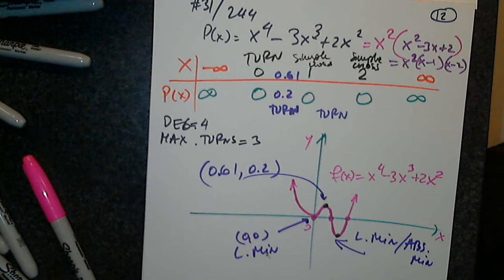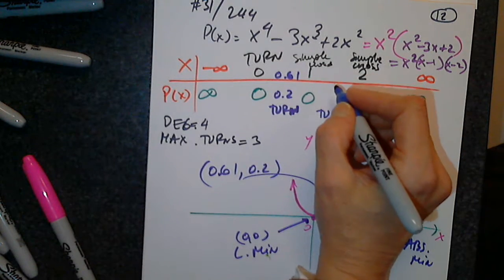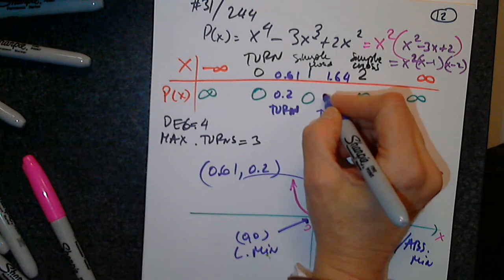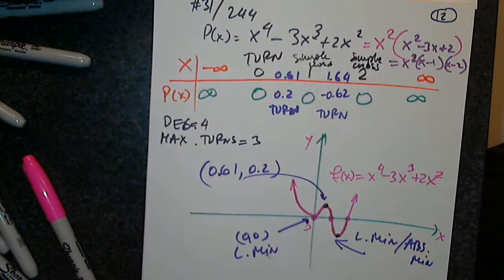So now, do we have the minimum with second and calc? I want the minimum, and the minimum is between 1 and 2. Give me the minimum, press again. 1.64, negative 0.62.